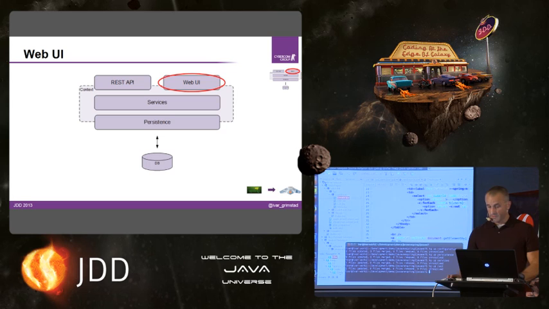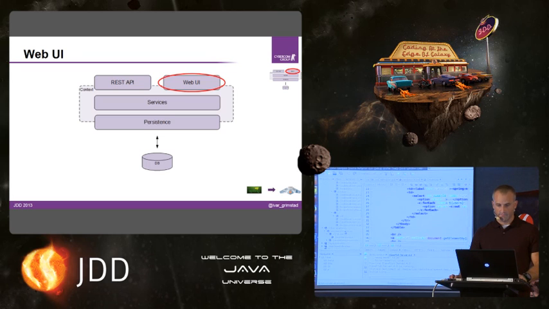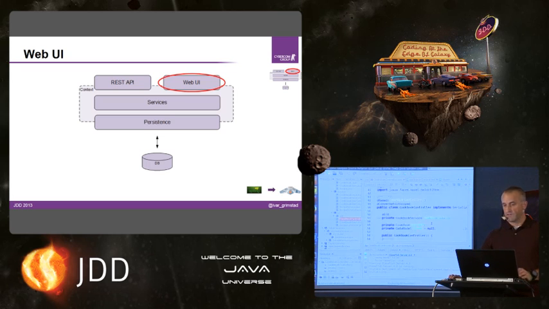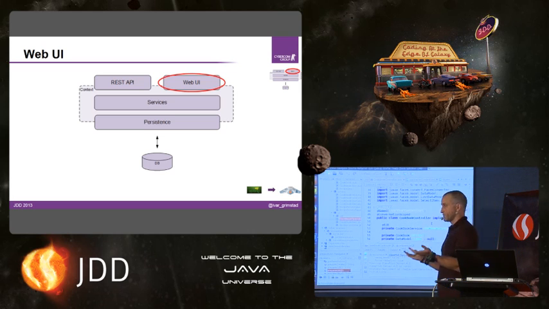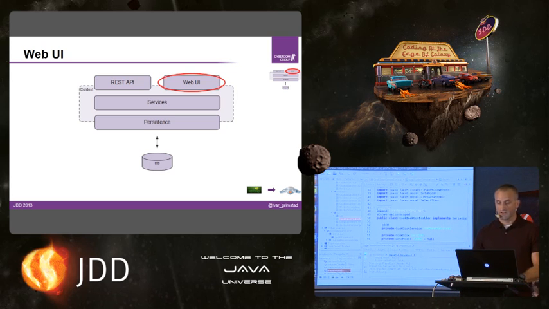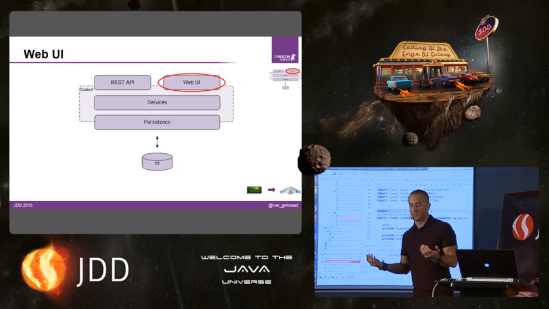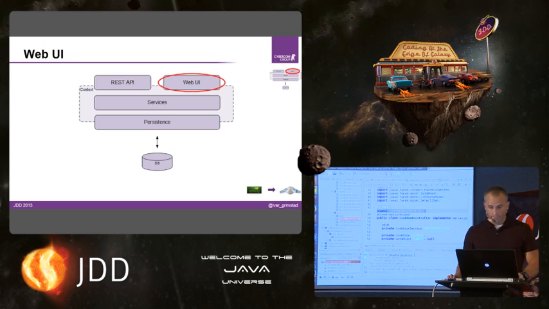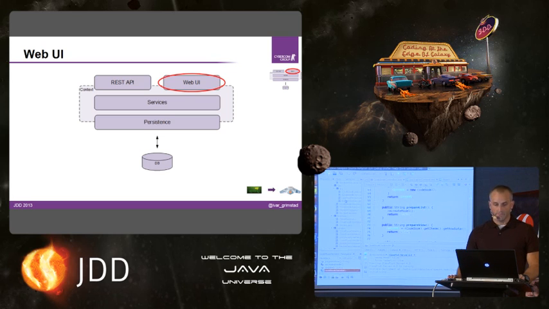So if we look at the JSF version, what I've done here is to rewrite the controller so it's not a Spring MVC controller class anymore. It's just a regular Java object with an @Named annotation. And @Named is the JavaServer Faces way of making it available for expression language. And I'm also injecting the EJB here, and otherwise I'm just setting things on the model.